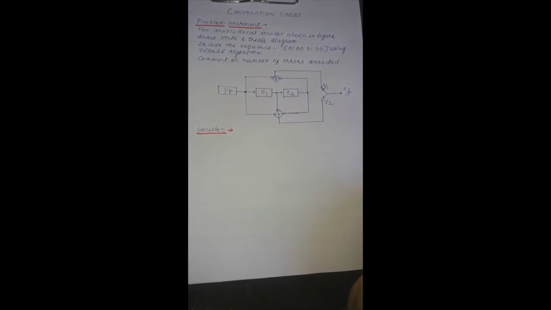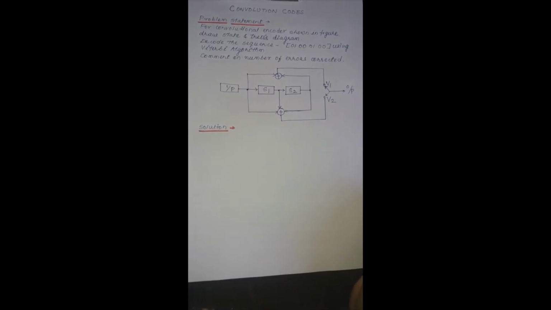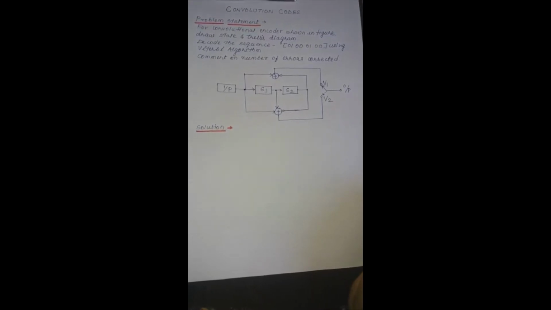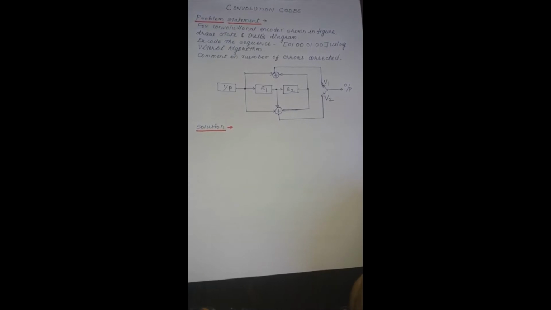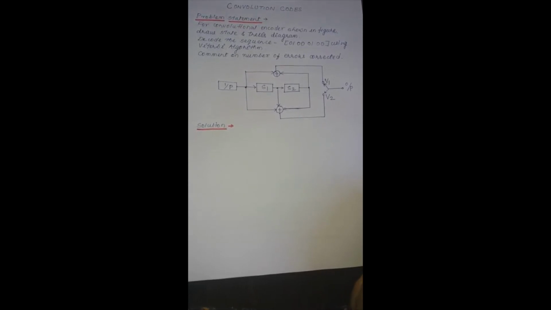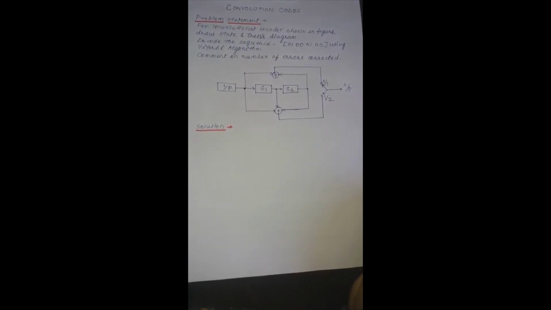So this problem statement consists of four parts. Firstly, we need to draw the state diagram, then the trellis diagram. Then we should apply Viterbi algorithm to decode the sequence given. And finally, we have to comment on the number of errors corrected. Let's start with the solution.